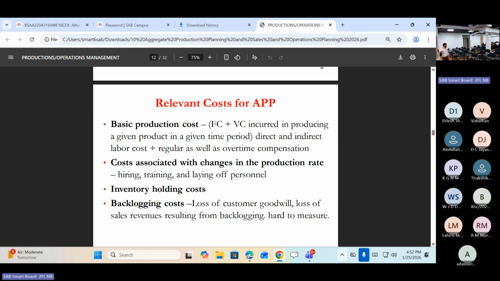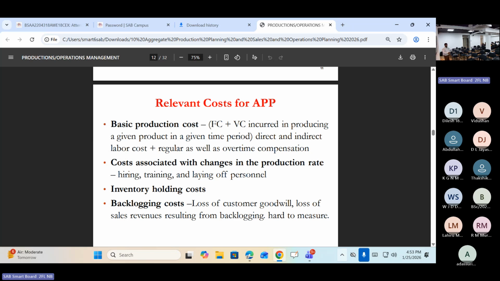If they are relevant, we have to consider one such cost type is called backlogging costs. Backlogging, you know of it. In case if you are unable to supply to the market, there can be some additional costs available. If you have to consider them also, we are going to do that.